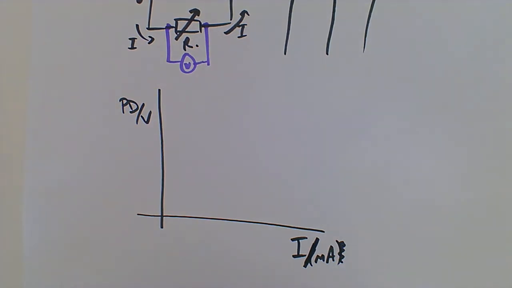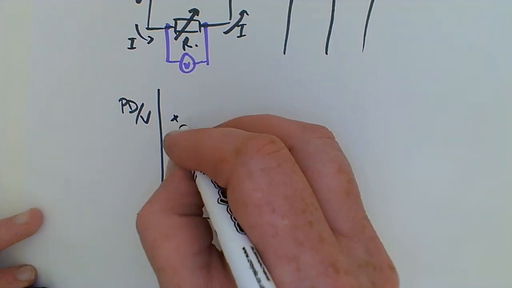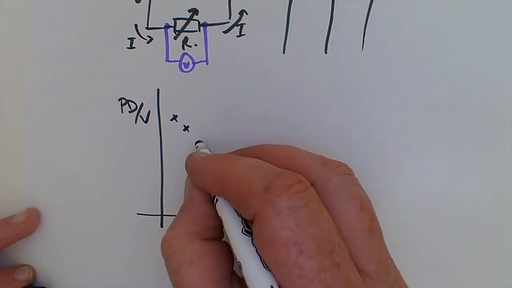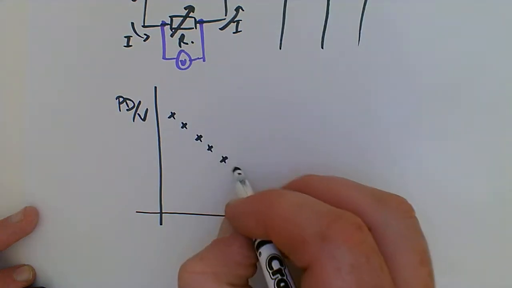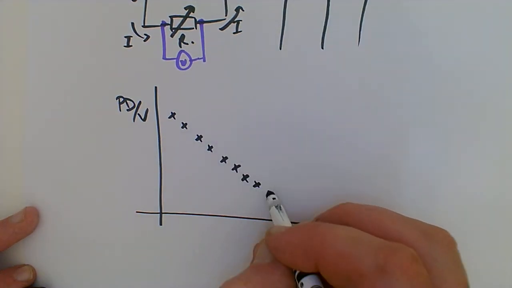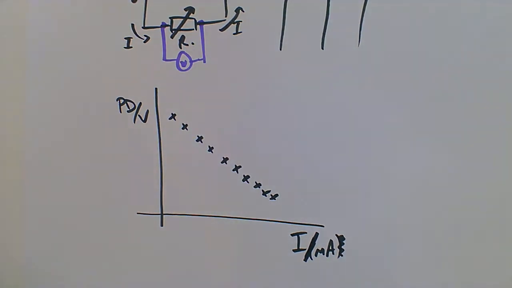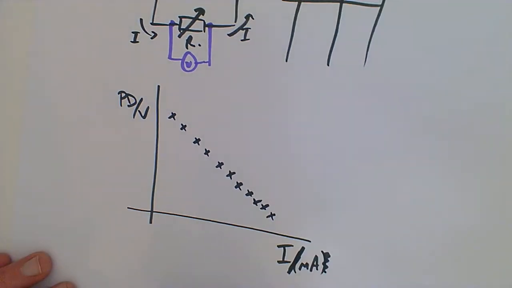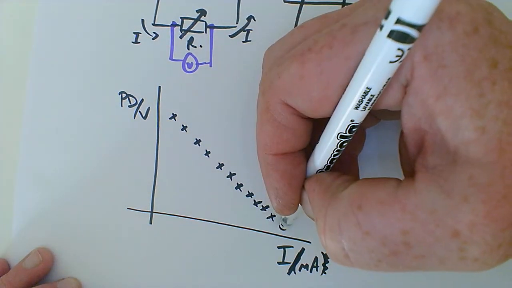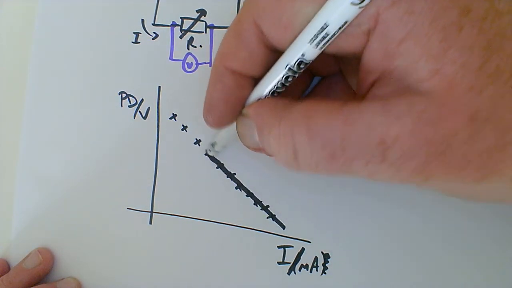And what we find is that as the current increases, i.e. we allow less resistance in the variable resistor, then the terminal PD decreases. Why would that be the case? Well, I've just said we'd get more lost volts due to heat. So as the current increases, the terminal PD decreases, and it forms a linear pattern.